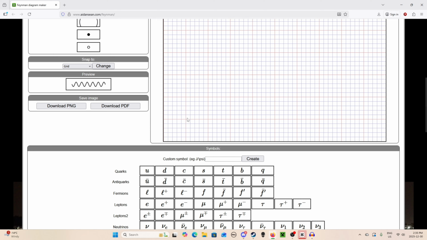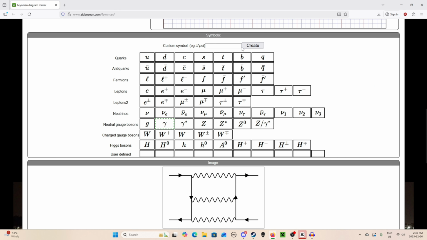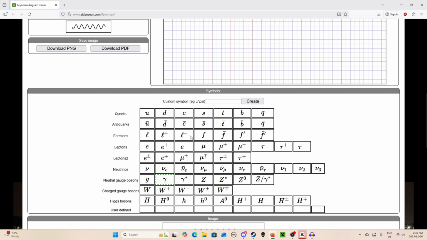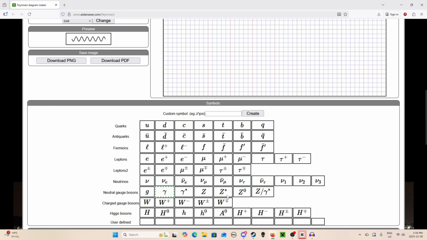So let's try to make this diagram work. I think I want to put a photon in the center here. These need to, of course, balance out. And since we're dealing with electroweak, it might be easier to just play around with leptons, right?